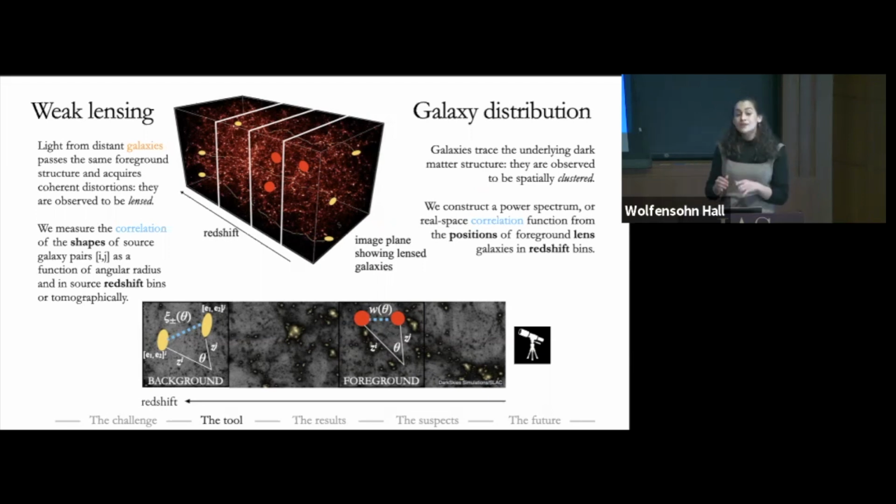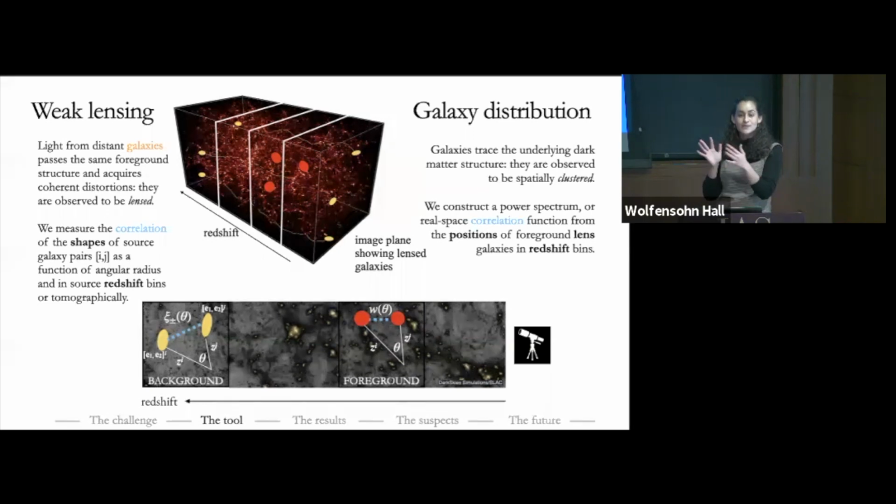Now, to model these two-point functions, we need to be able to estimate their redshifts. So we measure the redshift distribution of our ensemble of galaxies, not a redshift per galaxy in DES. And I should also say that in reality, we don't just have one source sample and one lens sample. As I tried to indicate on the top there, we do our analysis tomographically.